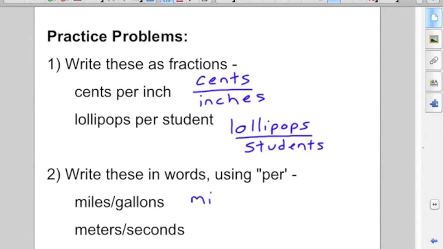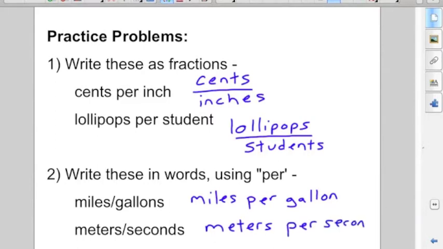That's miles per gallon. Meters divided by seconds. Meters per second. Okay, do you have the hang on what per means? If so, go on to the next practice problems where you're going to have to do some math.